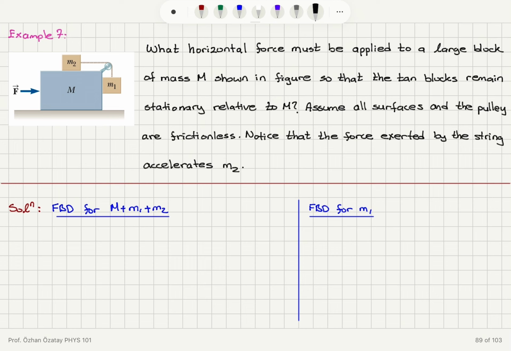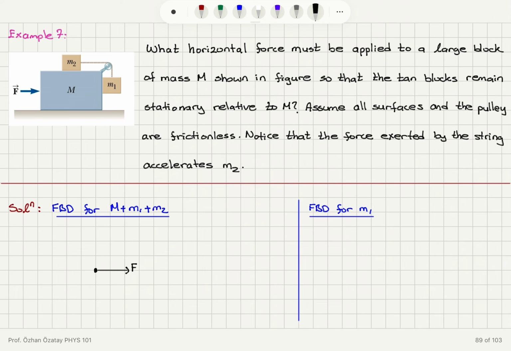Okay, so as usual, we will start with free body diagrams. So let's consider the combined system, capital M, M1 and M2 all together. So this is modeled as a single particle. So this single particle feels a force F to the right.